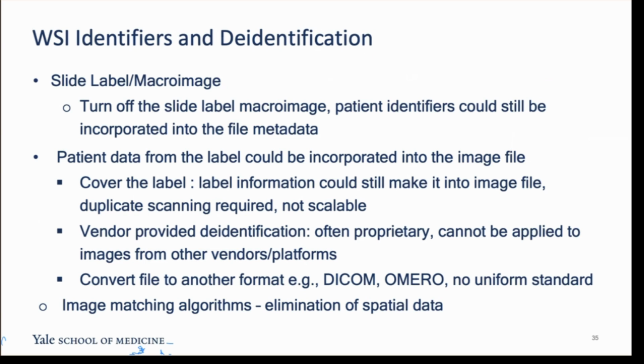The other way is to completely turn off the barcode ID reading function within the scanner. But this is not a scalable solution for de-identification, because what it would mean is it would require duplicate scanning. We would have to scan once for clinical purposes with the slide label, and a second time with the slide label covered. And it's not really a scalable solution.